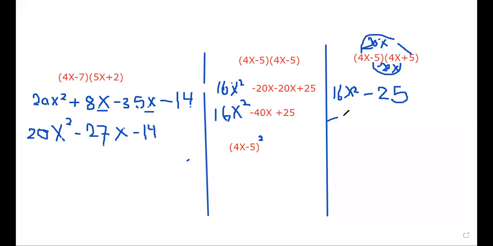Then we can say something here. If we have the same parentheses with different signs, then always the outer and the inner will give us 0. Then we can answer the question now: 8x minus 5 times 8x plus 5.